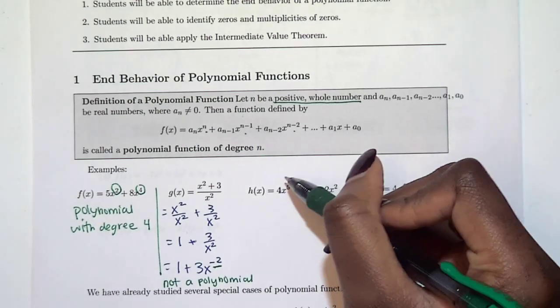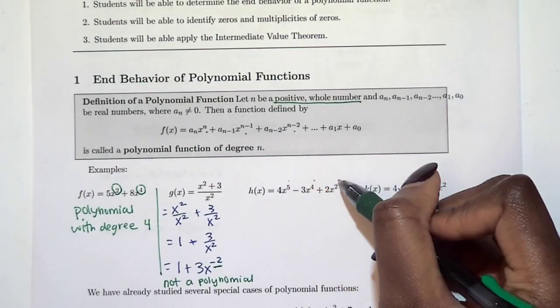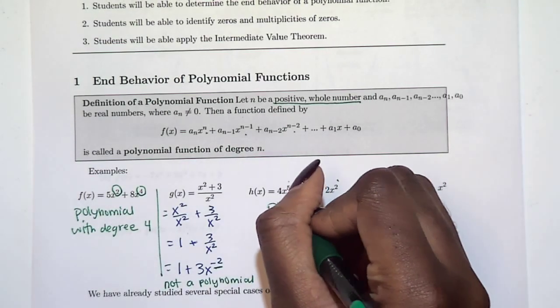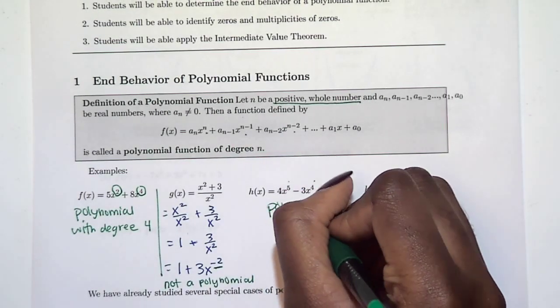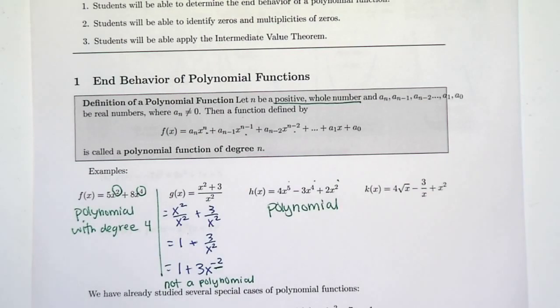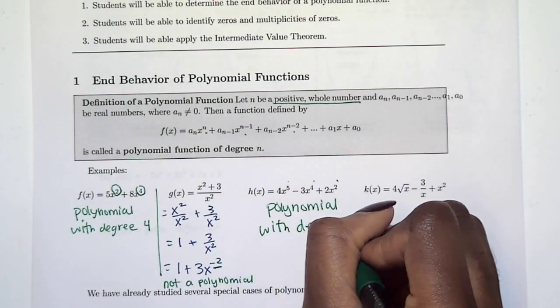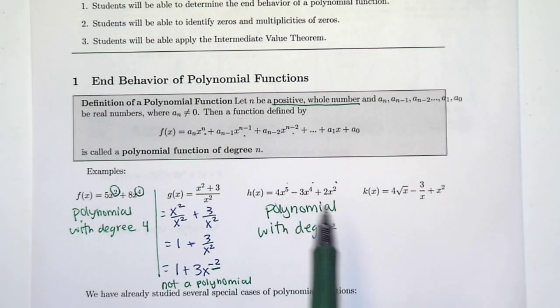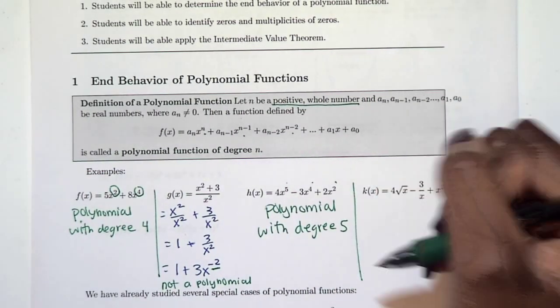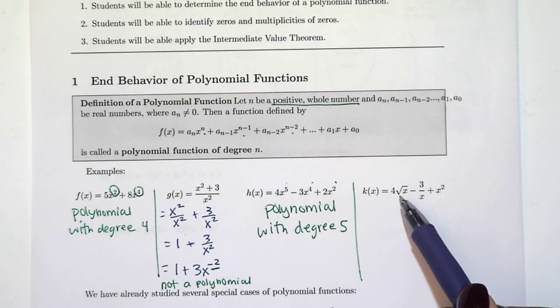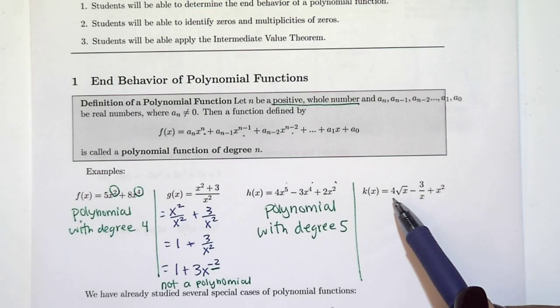All right, let's look at this one. 5, 4, 2. These are all positive whole numbers, so this is a polynomial. And then what's the highest power we have? It's the 5, so this is a polynomial with degree 5. All right, let's look at this one. Can we have square roots in a polynomial?